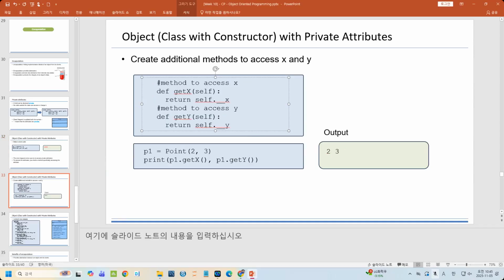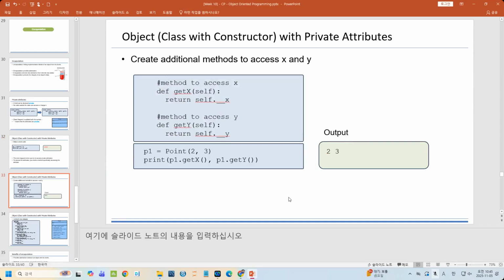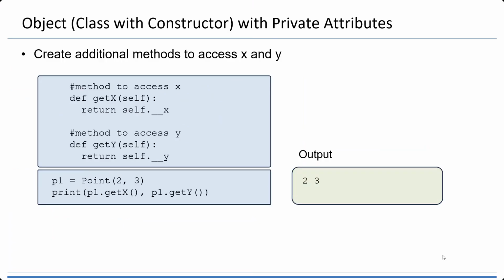Maybe to make it better, you can see like this one. So we have the new method get x in order to get the variable underbar x, and we have another method get y in order to get underbar y.